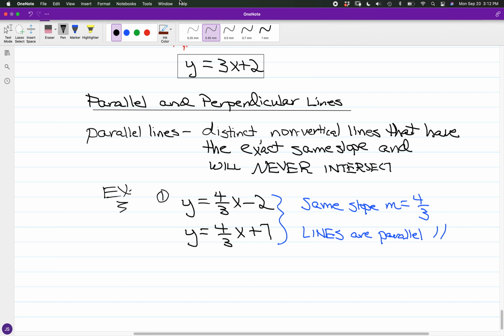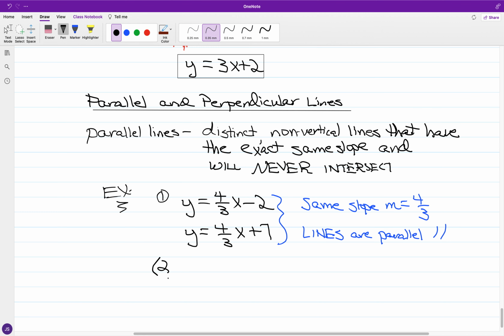And we have as second case, if we got that y is equal to 7x minus 3, and y is equal to 7x plus 4.